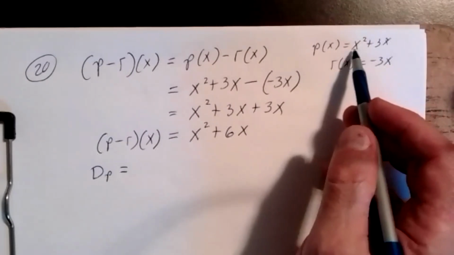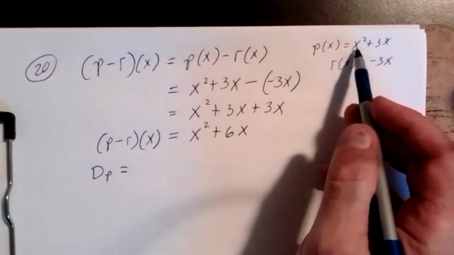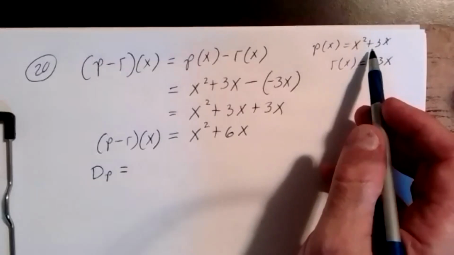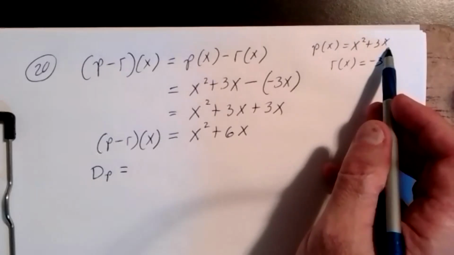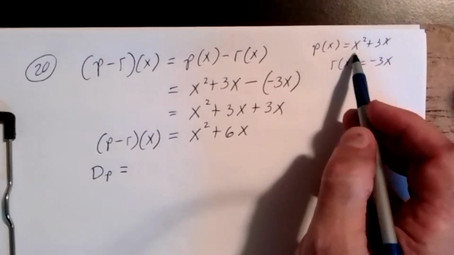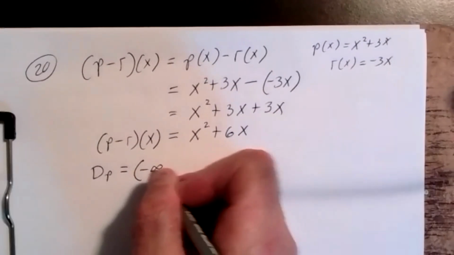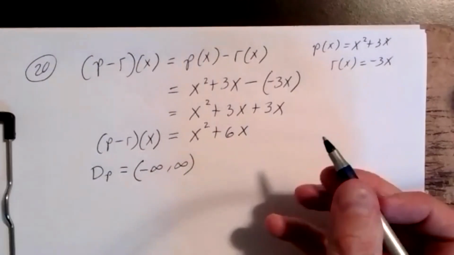For any polynomial function, the domain is always, anybody remember? This is a polynomial function. It's a quadratic function. The domain of all polynomial functions is always going to be all real numbers. So that's the domain of function P.